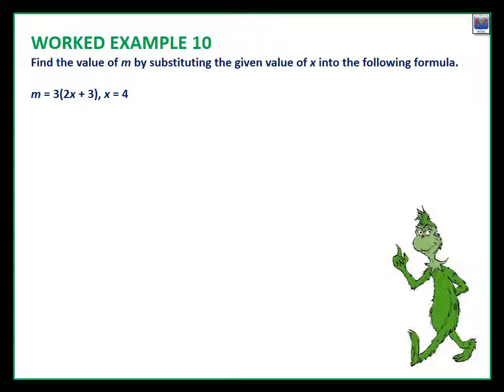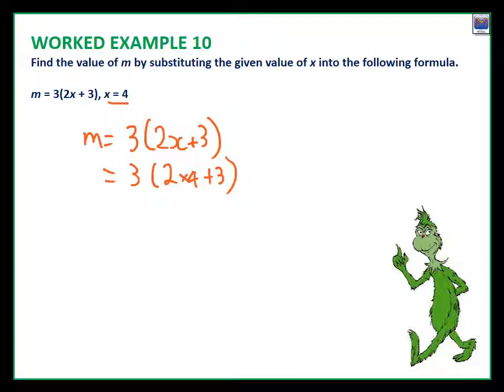Same equation, same scenario here. So 3 outside of 2x plus 3. It tells me that x equals 4. 3 outside of 2 times 4 plus 3. 2 times 4 is 8, plus 3.